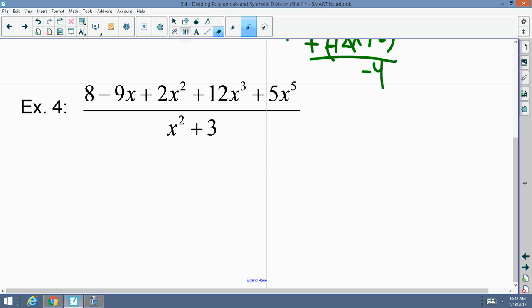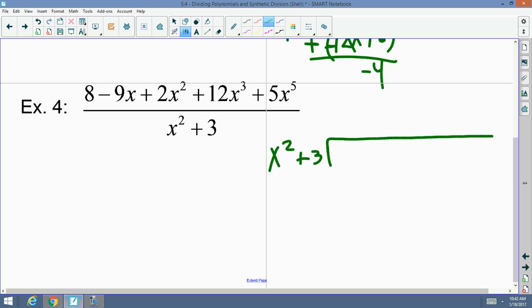So I've got my x squared plus 3 on the outside. Now I'm going to go standard form. So I've got 5x to the 5th. Now, do I have an x to the 4th at all? But I got to keep it in standard form.